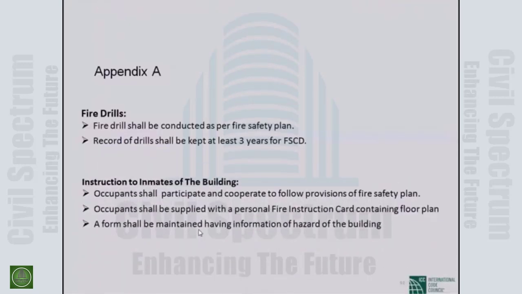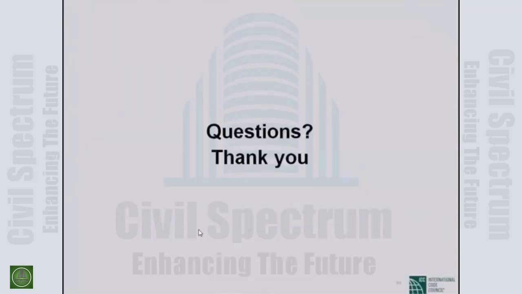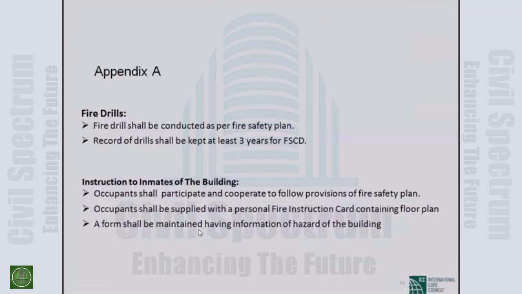There is some appendix about the design of the fire plan and how a drill is conducted. Particularly, a drill should be conducted as per the FSCD certificate, Fire Service and Civil Defence certification, and fire drills are to be conducted regularly. During a fire drill, you have to be very careful.